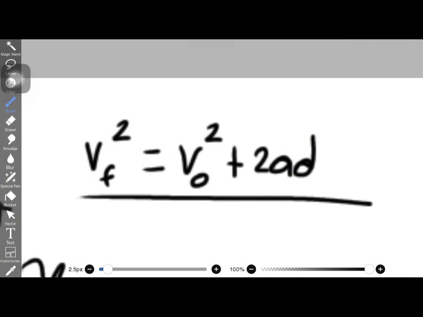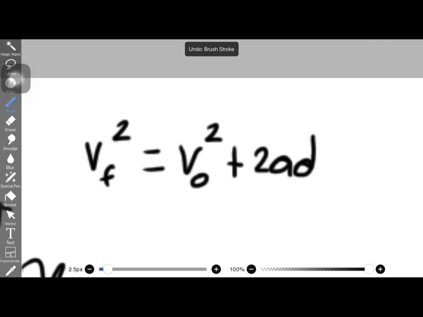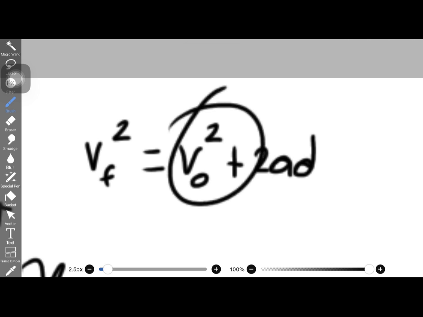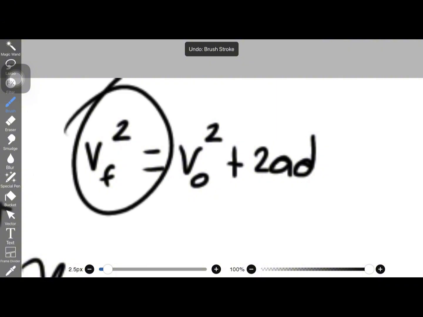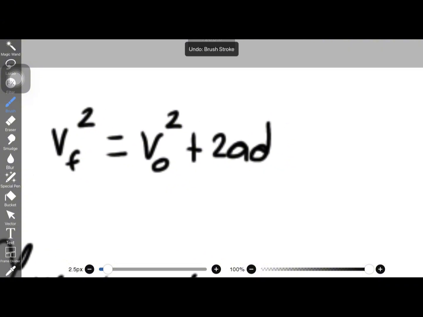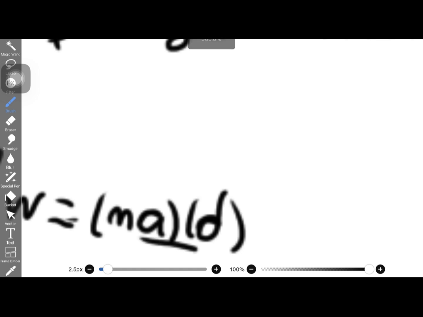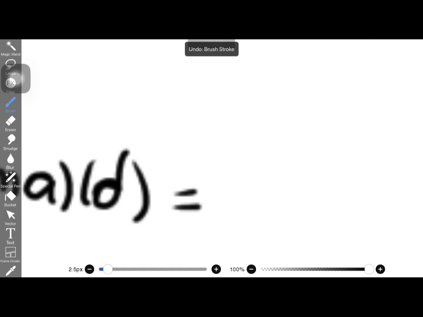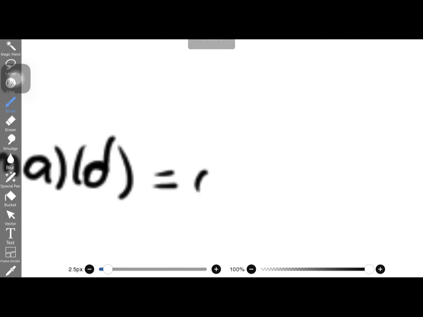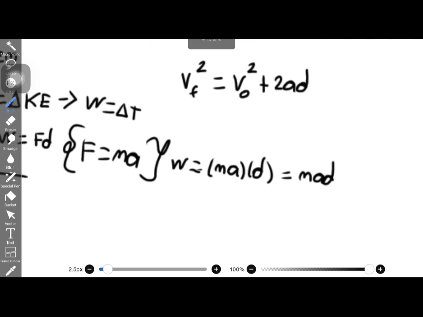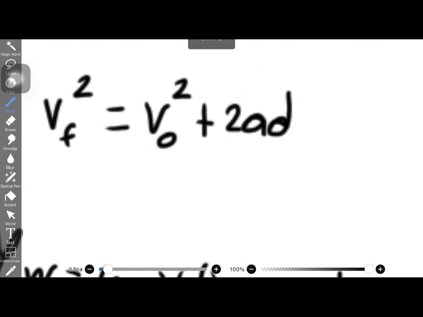This one is the initial velocity, and this one is the final velocity. So let's solve for ad. Now let's remove the parentheses. So we have mad. Work is mad, apparently. Now let's go ahead and solve for ad.